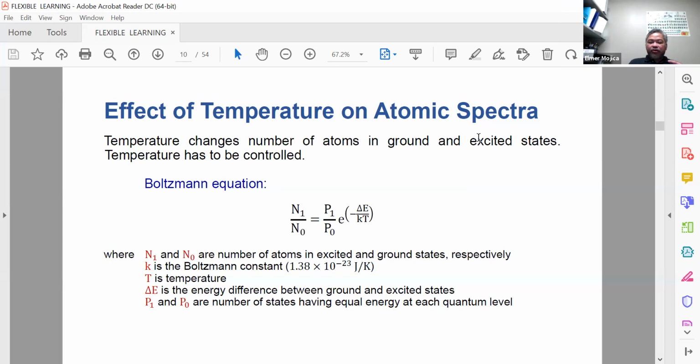In the Boltzmann equation, you have the number of atoms in the excited and ground states respectively. k is the Boltzmann constant, T is the temperature, delta E is the energy difference between the ground and excited states, and P1 and P2 are the number of states having equal energy at each quantum level.